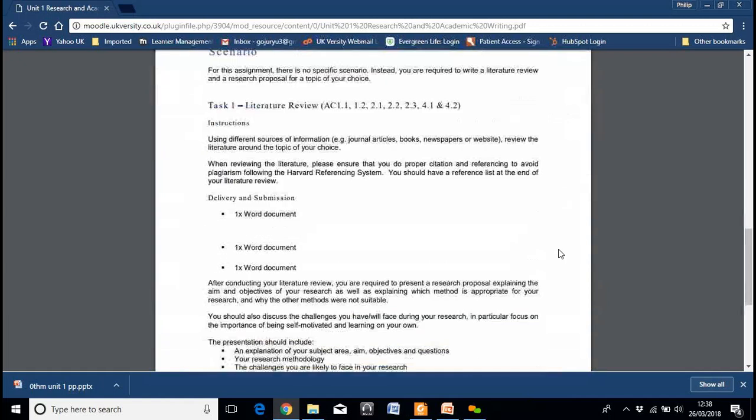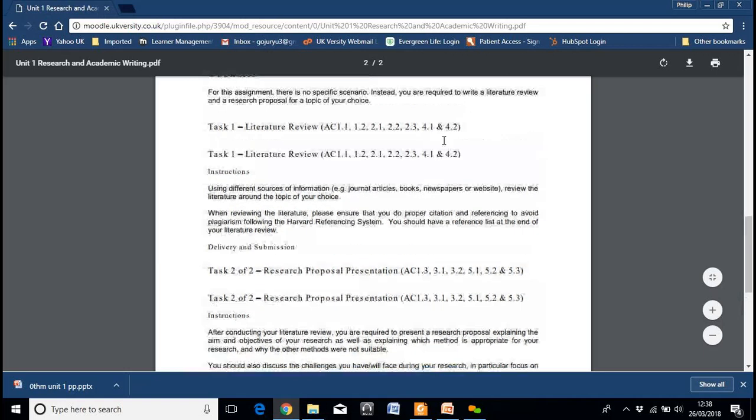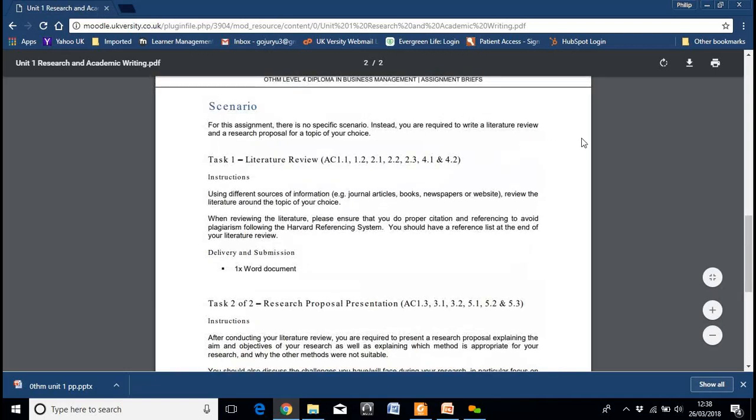If it comes down to here, task 1 is a literary review, using different sources of information: journal articles, books, newspapers, or websites. Review the literature around the topic of your choice. In other words, you've got to choose a topic that you want to find more information about.